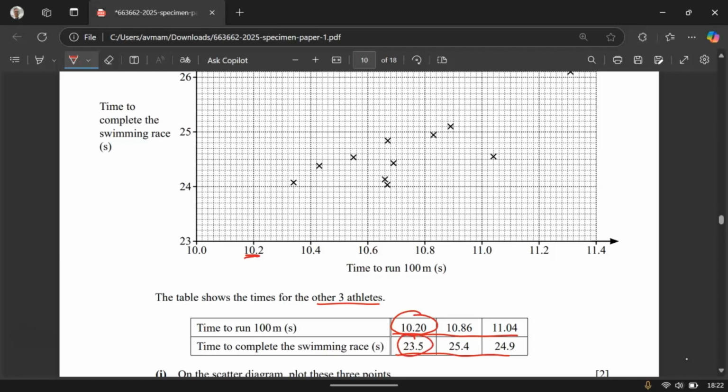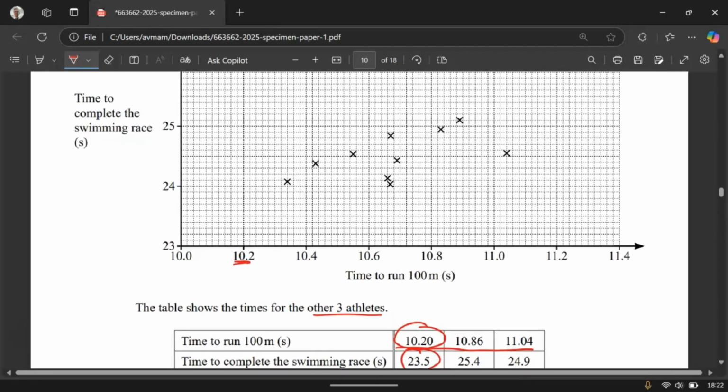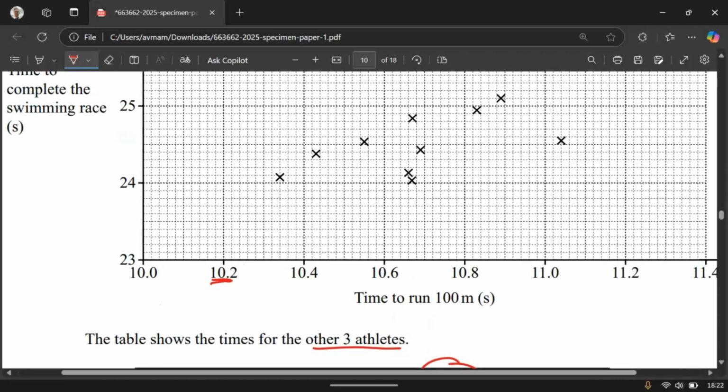Now let me zoom in a little bit more and let's count the intervals from 23 to 24. 1, 2, 3, 4, 5, 6, 7, 8, 9, 10. So each interval represents 0.1.